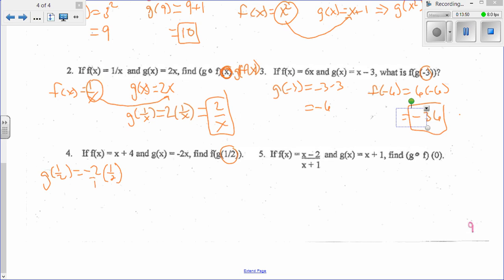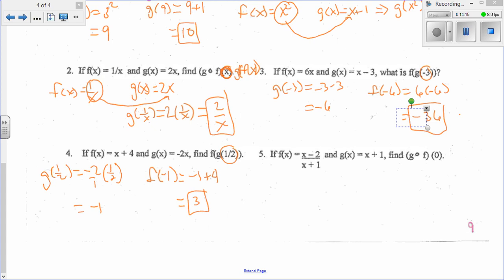And remember, that's a 2 over 1. So negative 2 over 1 times 1 over 2 is going to be negative 1. Now I'm going to take negative 1 and put it into f. So it's negative 1 plus 4, which is 3. So my final answer is 3.